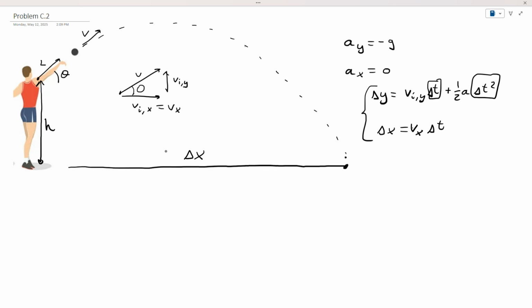And we have the angle theta here, so we know that v initial y is going to be v sine theta, and v initial in x, which is just vx, is going to be v cos theta. So we can start by plugging numbers into this first equation.